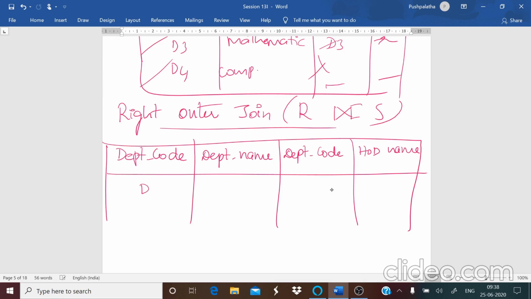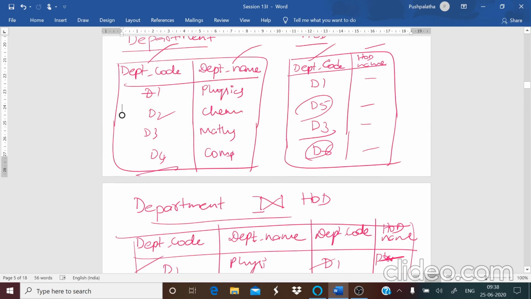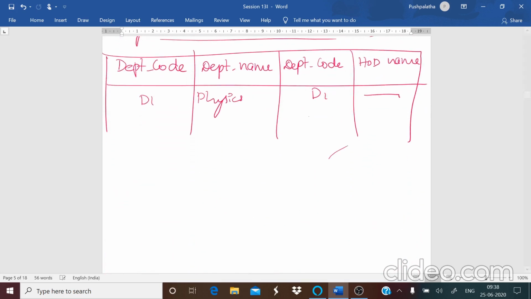So you have D1, physics, and the HOD name. And D1, D5, D3, D6 are present in the second table, that is the S table.